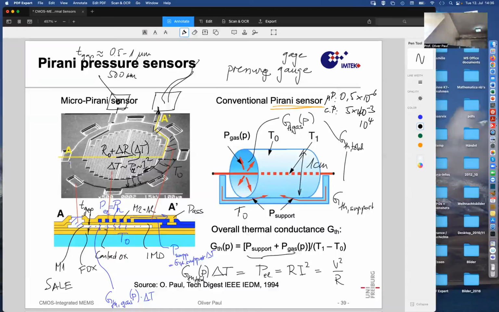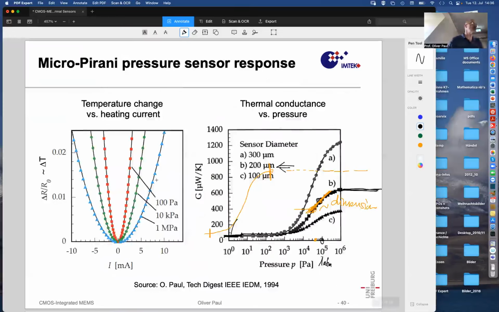Not sending a current through doesn't heat, a current heats, and that means that this curve has to be parabolic, and it is parabolic, by this ohmic heat law. You see that delta R over R0, the resistance changes by percent. And if we introduced here the temperature coefficient of resistance of aluminum, the resistive material, we could calculate the delta T.